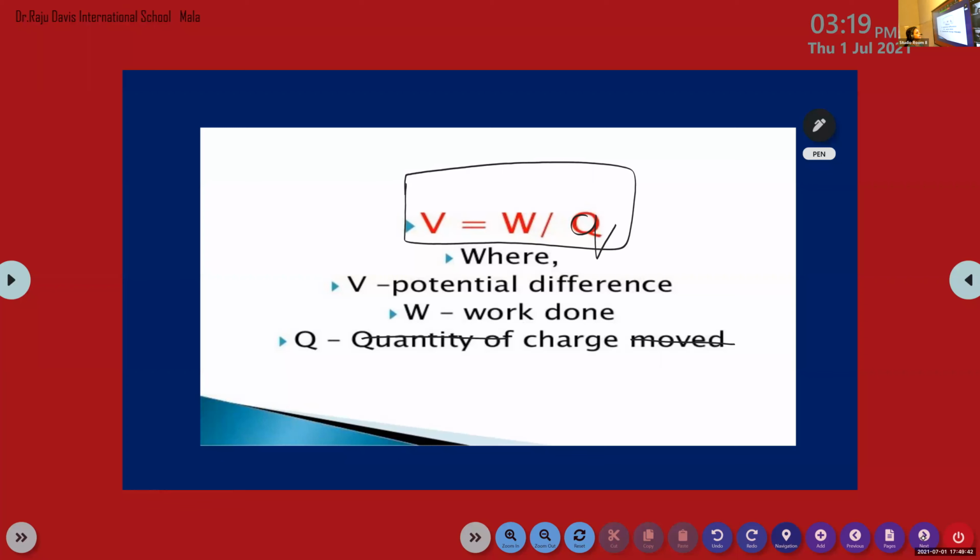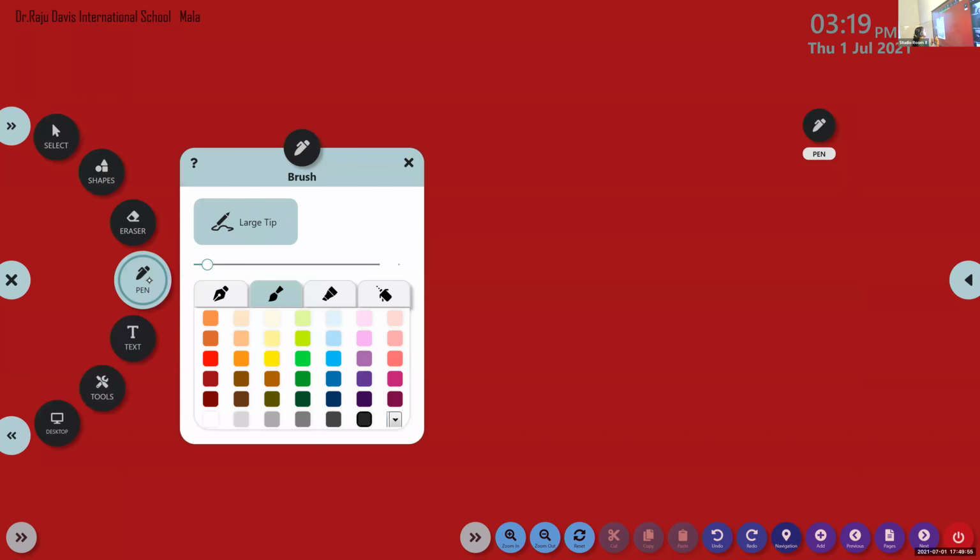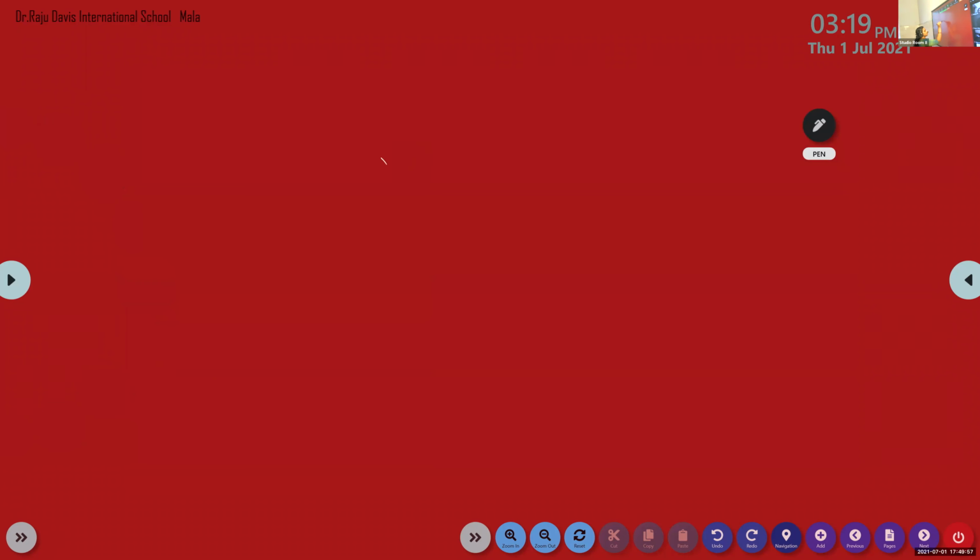So now we can write a dimensional unit for this potential difference or voltage. Students, here we know that V is equal to W by Q. What is the SI unit of W? W is work. What is the SI unit of work? Joule.